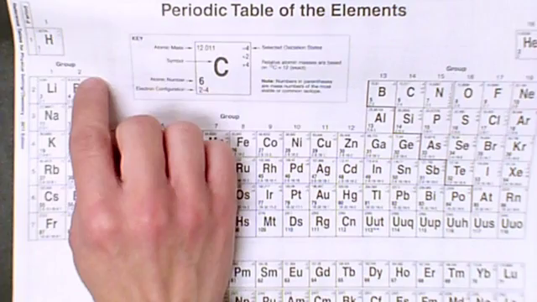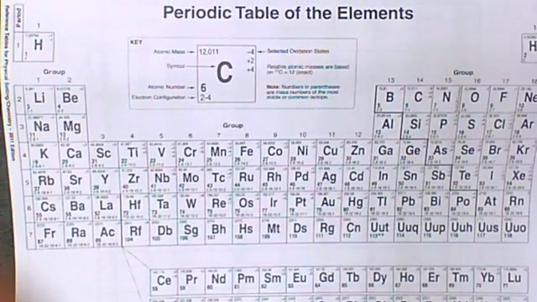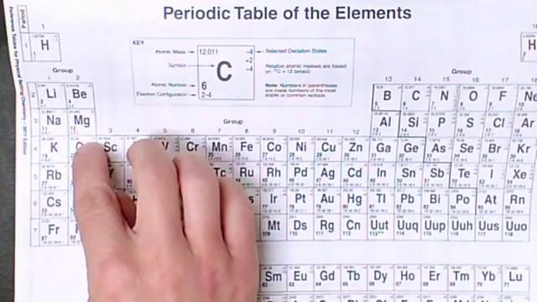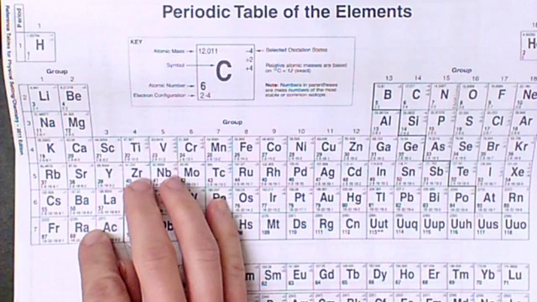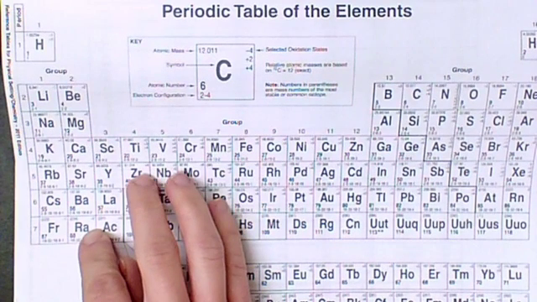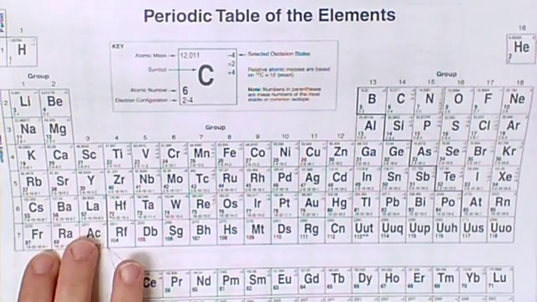So over here, group 2, two valence electrons, and all of these will have two dots to the left of the symbol for the electron dot notation. So that's the S block, okay?